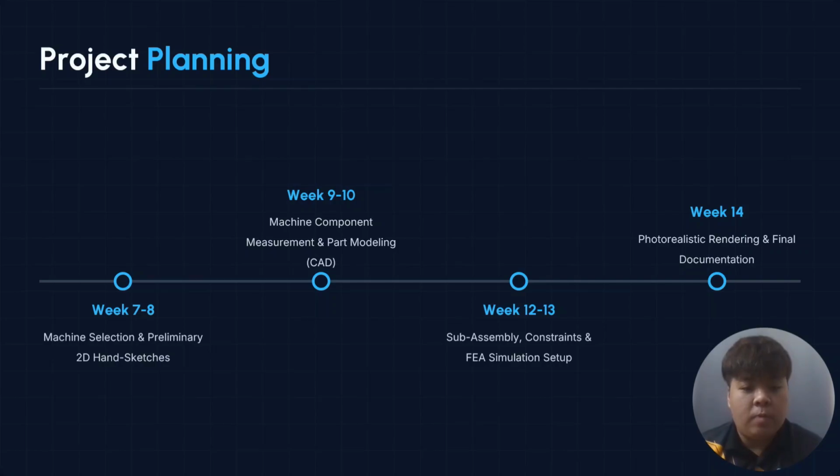For weeks 9 to 10, we planned machine component measurement and part modeling in CAD. In the third phase, weeks 12 to 13, we planned sub-assembly, constraints, and FEA simulation setup. And finally, in week 14, after all those parts are done, we planned realistic rendering and final documentation.